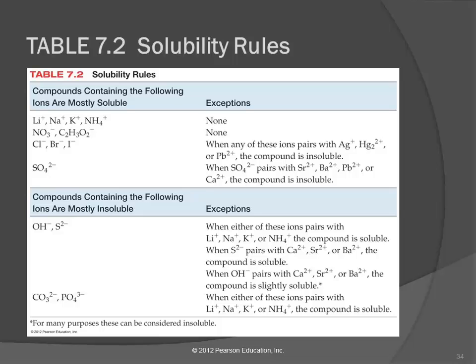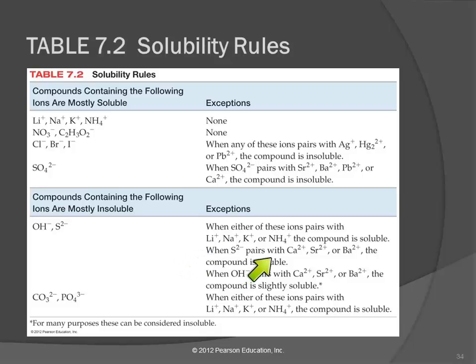So up here we're looking for copper ion or sulfide ion. And we look through there, we don't see it. Okay, so we come down here. Oh, look, there's sulfide. So sulfide compounds are mostly insoluble. That's what this is telling us. And then we look over here. Are there any exceptions? When it pairs with lithium, sodium, potassium, ammonium, that's not what we've got.